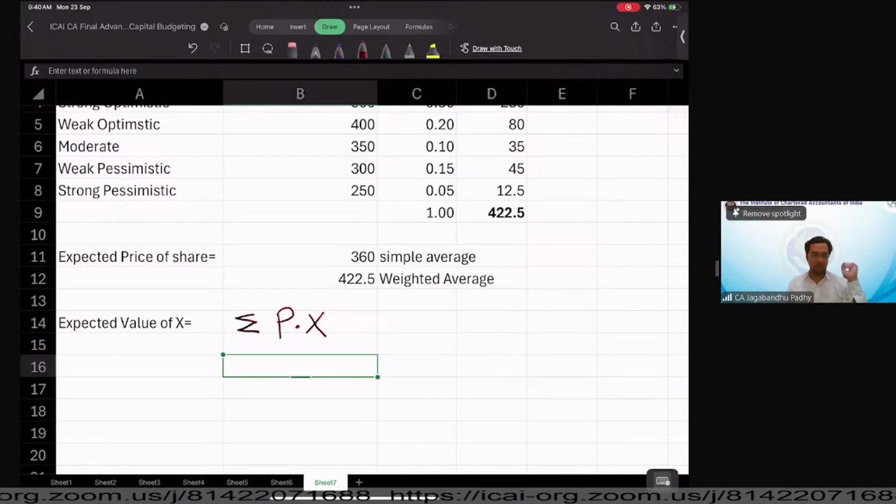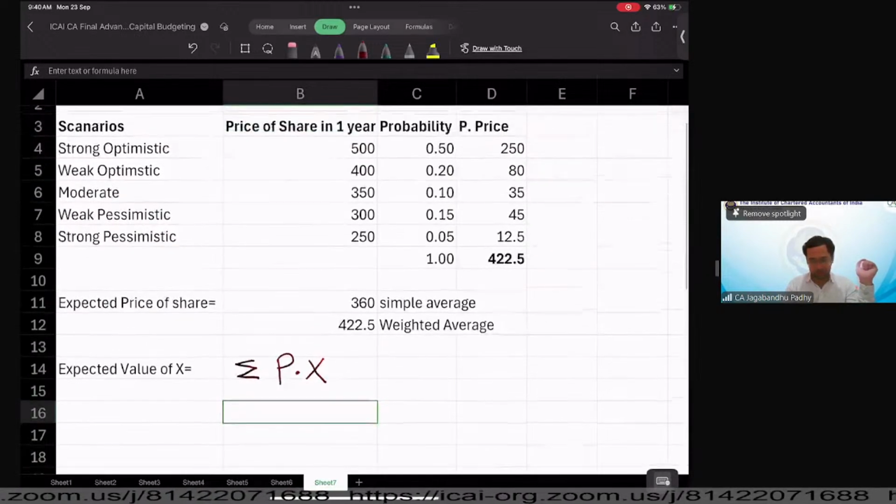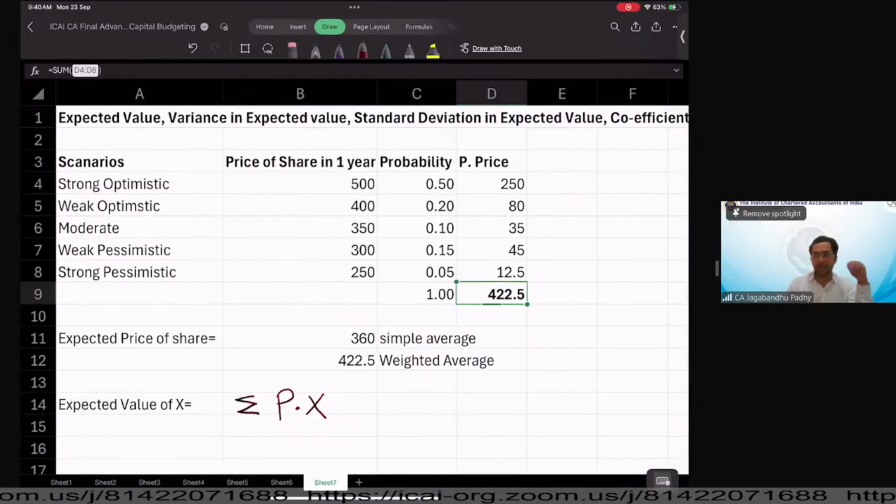Okay. Now, this expected price of 422.5, can you say that this is going to be the price with 100% surety?